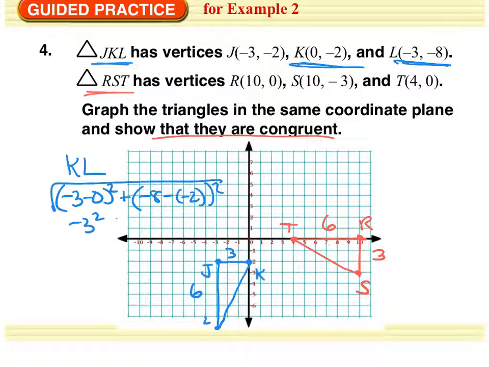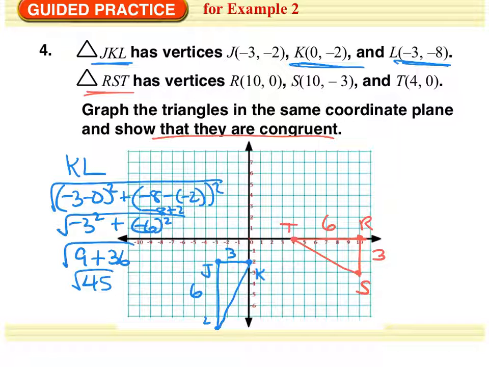So -3 squared. This becomes -8 plus 2. So -6 squared. This becomes 9 plus 36. Square root of 45. I need to leave it in simplest radical form. So it becomes 3 square root 5.